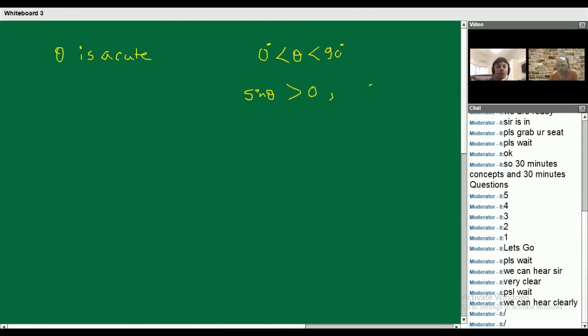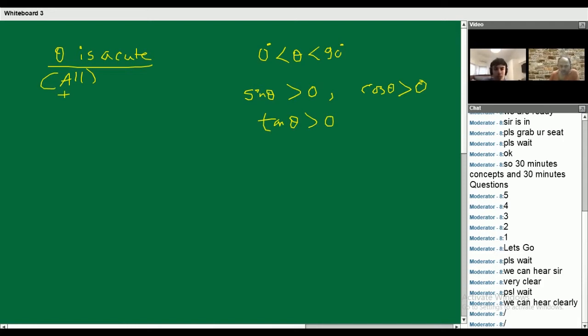What about cos theta? Cos will be positive. What about tan theta then? Tan will be positive. So when theta is acute, all trigonometric ratios are positive. That's what we have to remember.